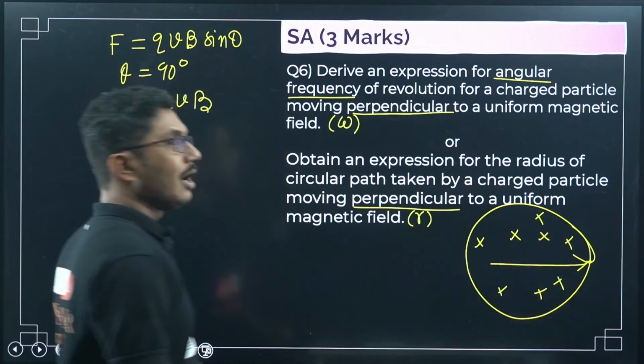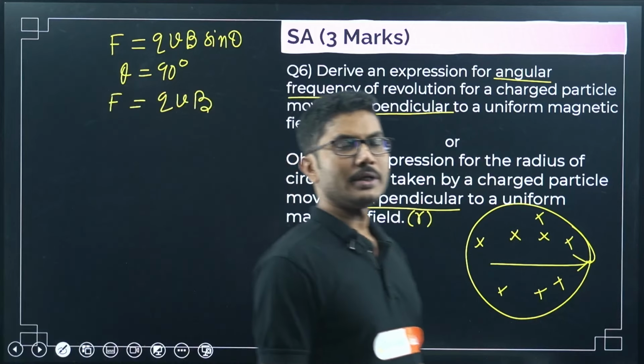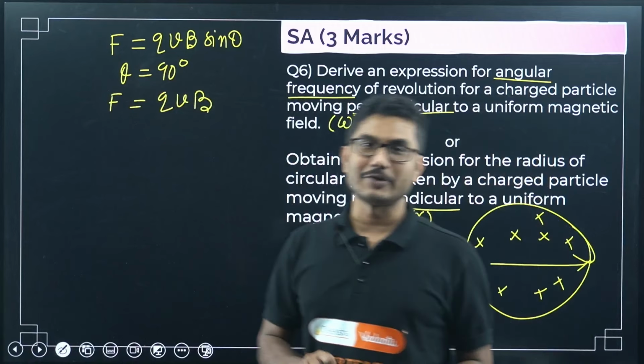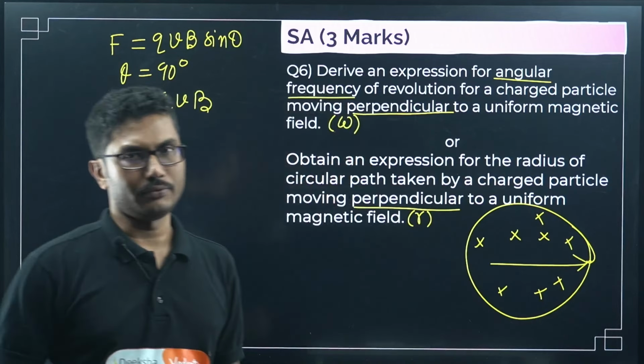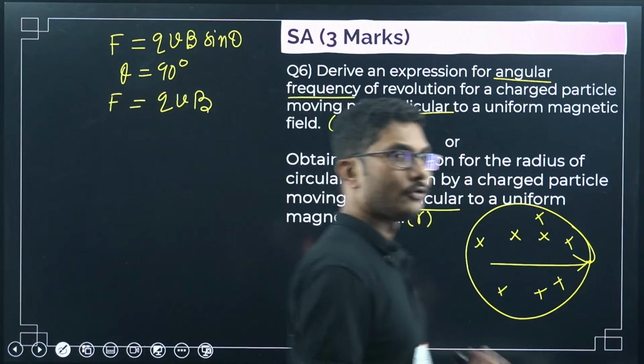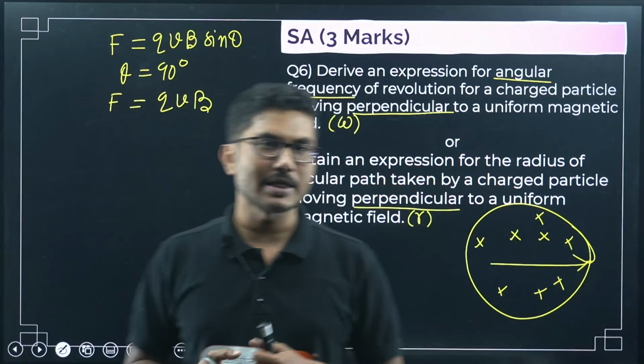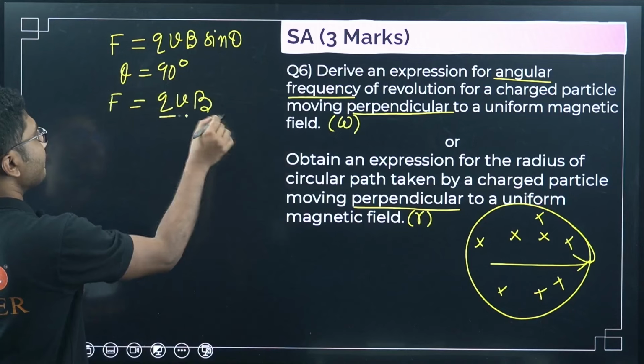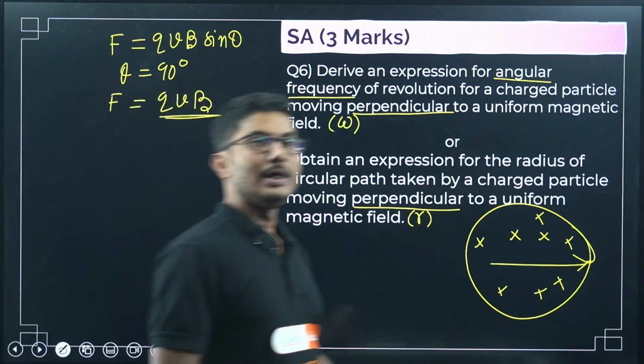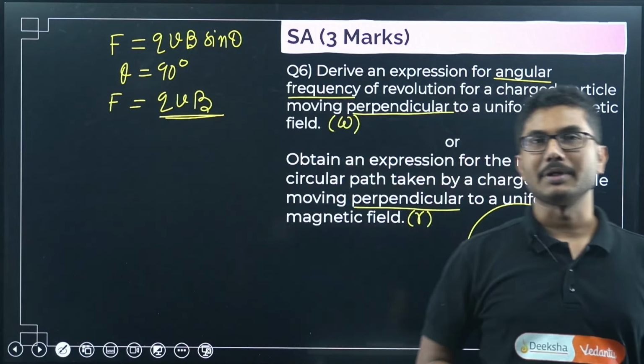And what is needed for circular motion? The only thing that is needed for circular motion is centripetal force. Centripetal force has to be provided by the interaction between the field and the charge. So basically this Lorentz force will provide the required centripetal force.